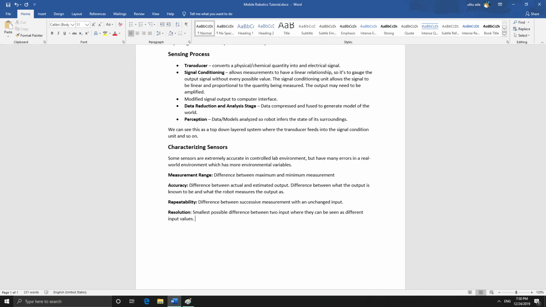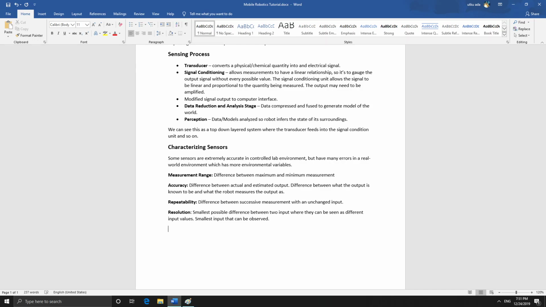And this can also be called the smallest input that can be observed. Smallest observable input.